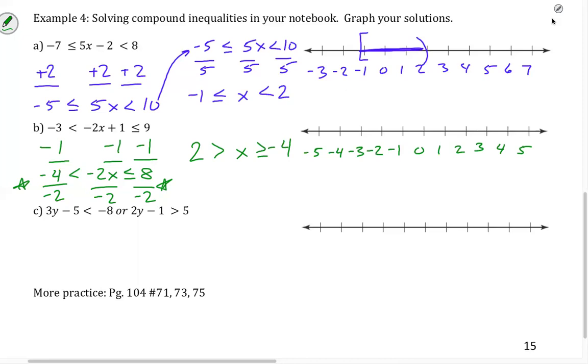So here, -4 is going to be a square bracket, but it's going to open to the right towards the 2. And the 2 needs to open to the left, so it points back towards the -4. So I can get my inequality.